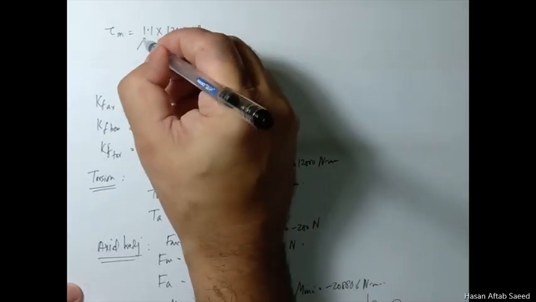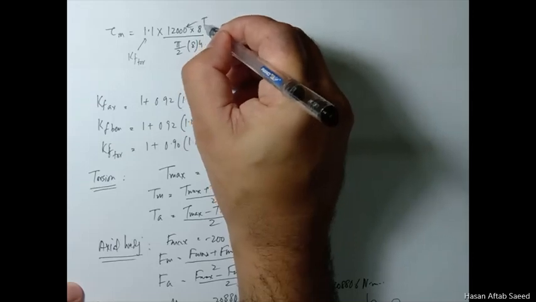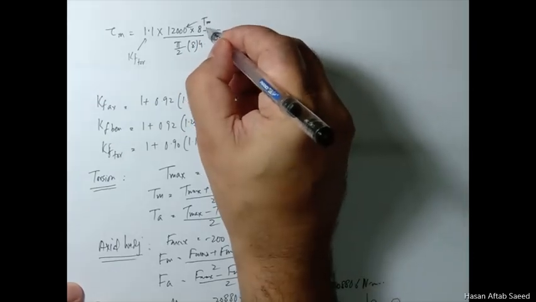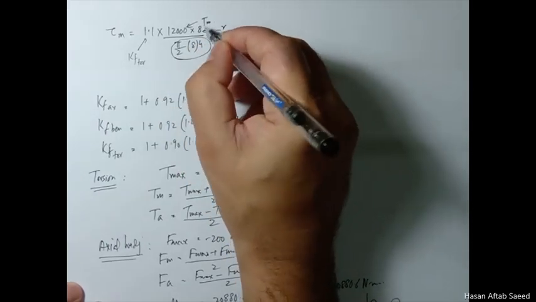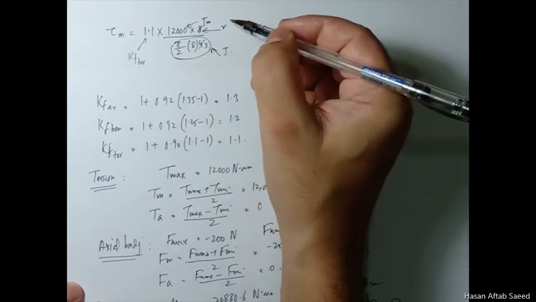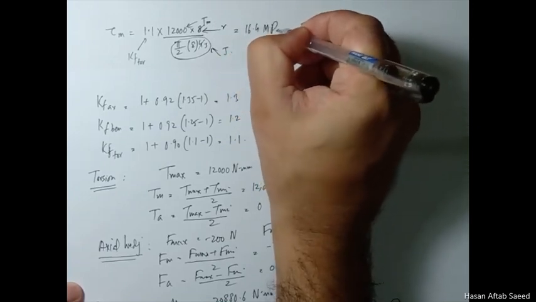Now these values are Kf torsion, Tm, this is the radius, and this is the value of J, and if you calculate this you have 16.4 MPa.